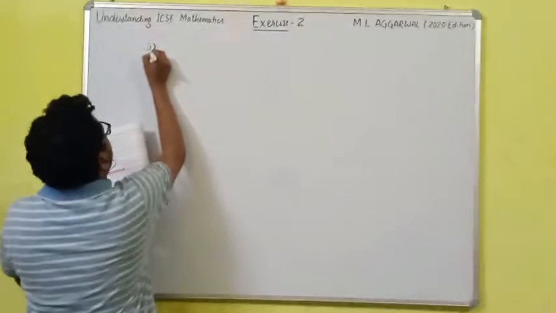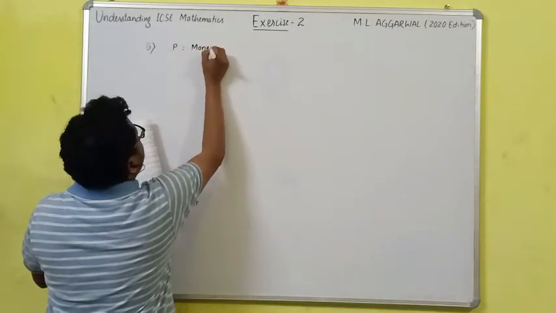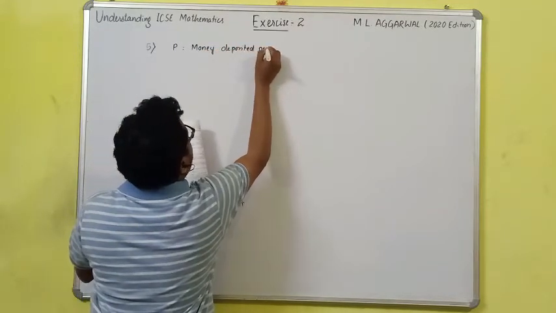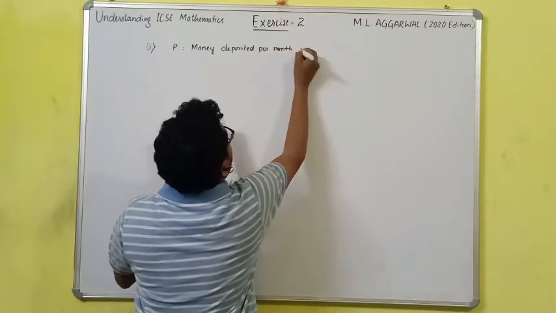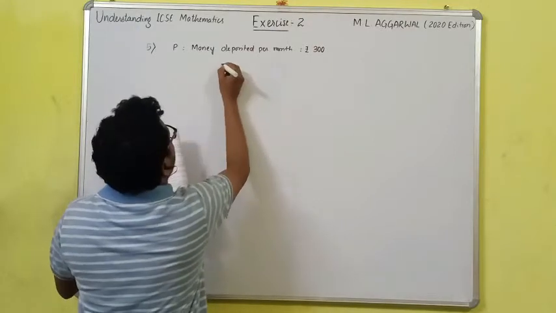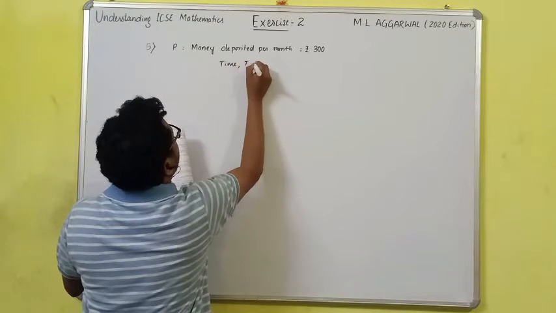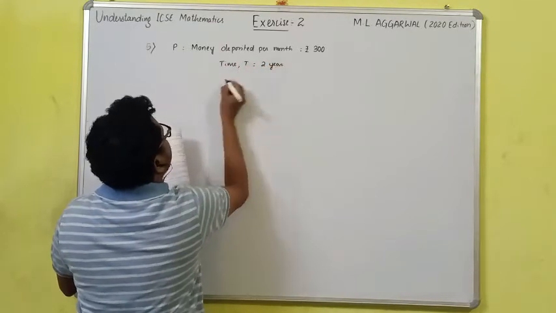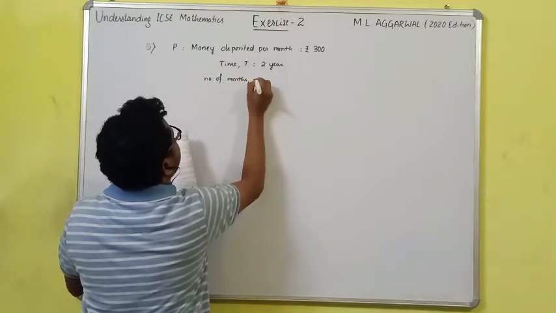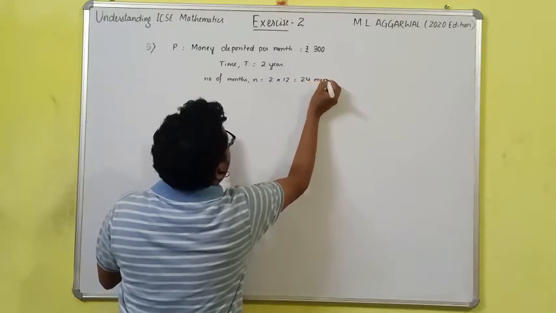See, question number 5. Here P is equal to monthly deposit, or money deposited per month, is equal to rupees 300. Then time t is equal to 2 years, and number of months n is equal to 2 into 12, which is 24 months.